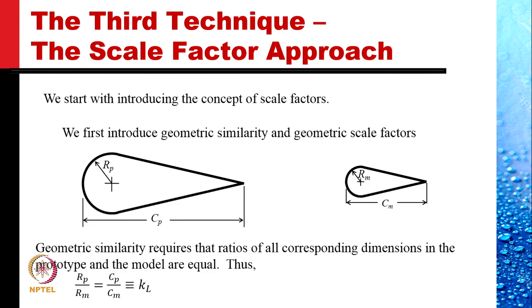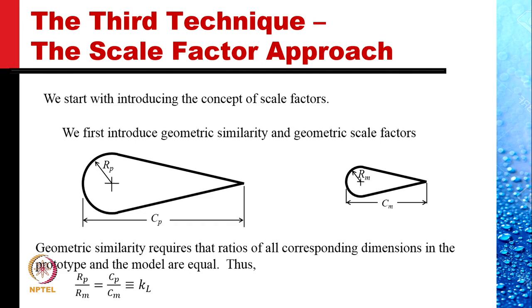A geometrically similar model is one in which all the corresponding dimensions in the model and prototype bear the same ratio. Thus, the geometrical similarity requires that the ratios of all corresponding dimensions in the prototype and model are equal.